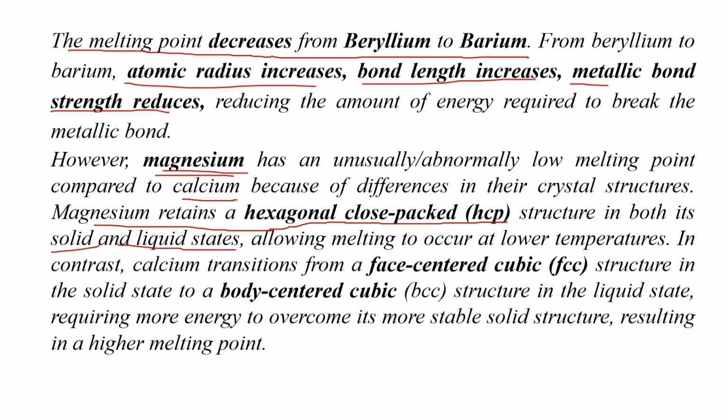So when you heat magnesium to melt it, the structure is still HCP. However, calcium has two crystal structures. It is FCC, very stable, and it transitions to BCC on heating. The energy required to overcome a more stable structure results in a higher melting point.